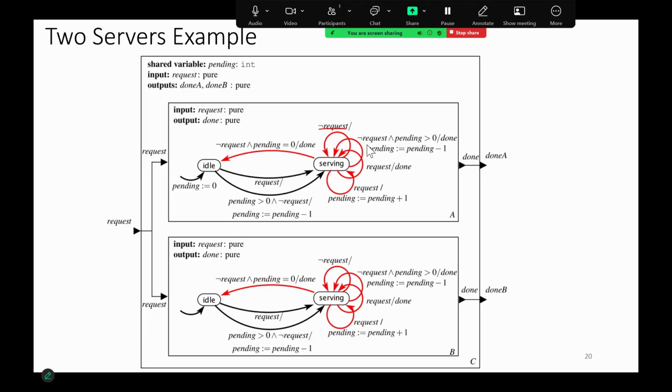If there is no request and the pending is greater than 0 and we are done, we output done and decrease the pending. If there is a new request and we are done, we take it and continue. If there is a new request and we are not done, we increase the pending by 1.